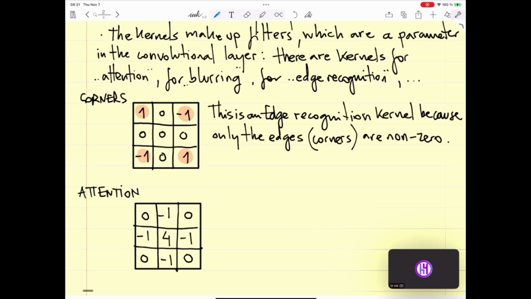If I don't look at you, I am going to multiply you by 0, so you're gone. That's why it's called attention. I only pick what I'm looking at.